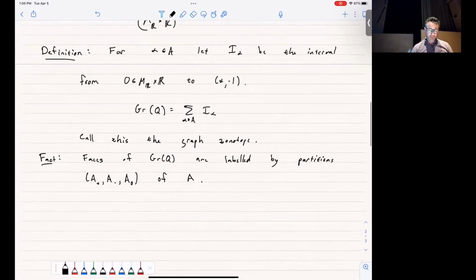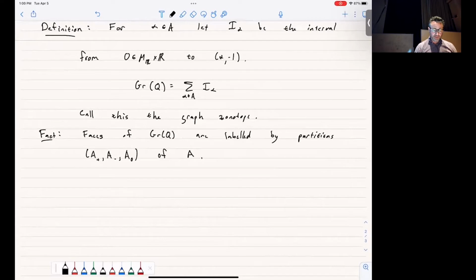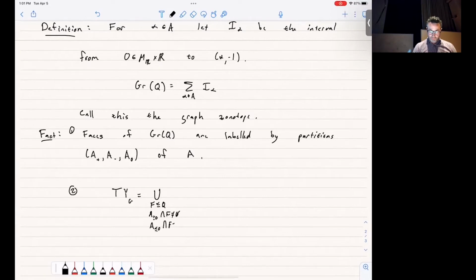And then this tangent space, this is another fact, can be written as a union over all the faces of Q such that the non-negative and non-positive parts of this partition intersect Q non-trivially. And here we'll write this down.